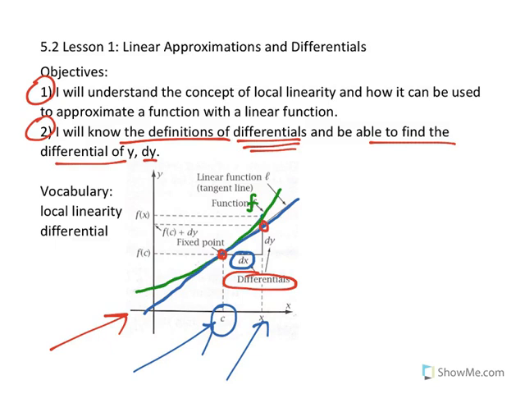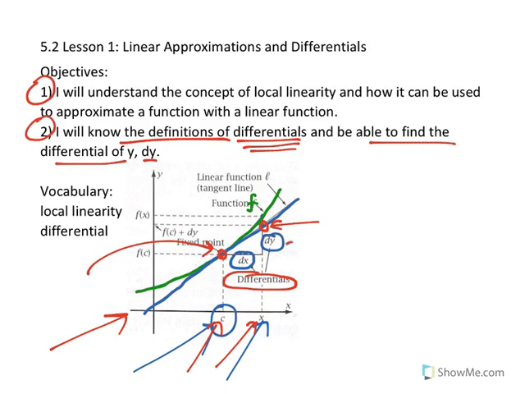on the linear approximating line, on the line that's giving us the linear approximation. So that's dx, the difference between the x coordinates of 2 points on the tangent line, where one point is the point of tangency and we have a second point. What is dy? dy is the difference between the y coordinates of 2 points on the tangent line, where one point is the fixed point, the point of tangency, and the other point is a second point on the tangent line.